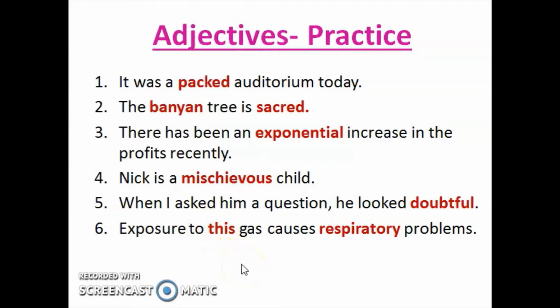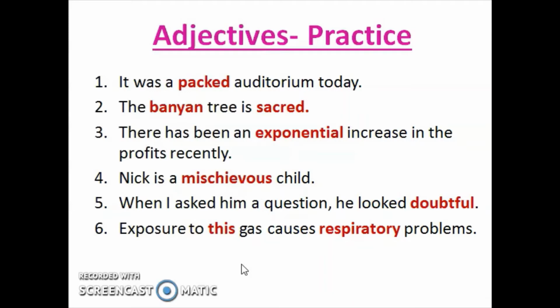Sentence 1. It was a packed auditorium today. The word auditorium is a noun which is described by the word packed, which makes the word packed an adjective. In the second sentence, notice that I've bolded the word sacred in red.